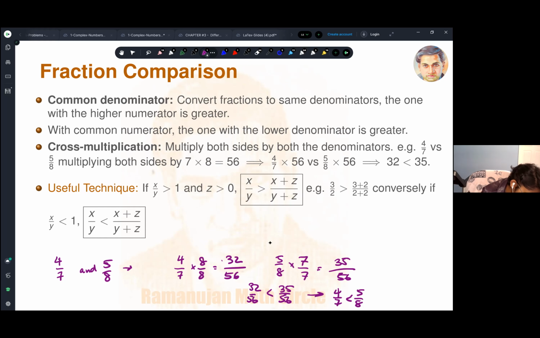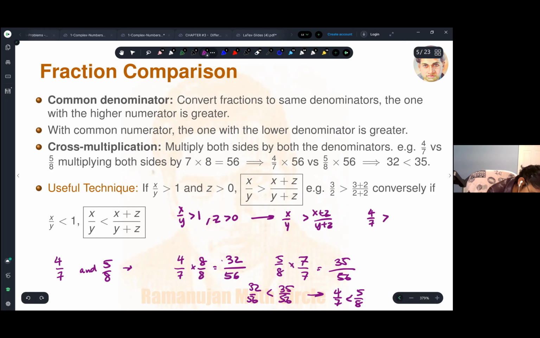Pretty straightforward. A useful technique, though, is to understand that if you add something, it's like an offset. If x over y is greater than 1 and z is greater than 0, then x over y is greater than x plus z over y plus z. Surprisingly, this can be used for the example we just did with 4/7.